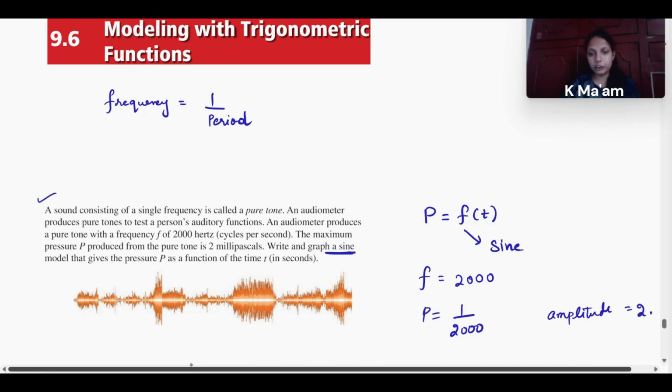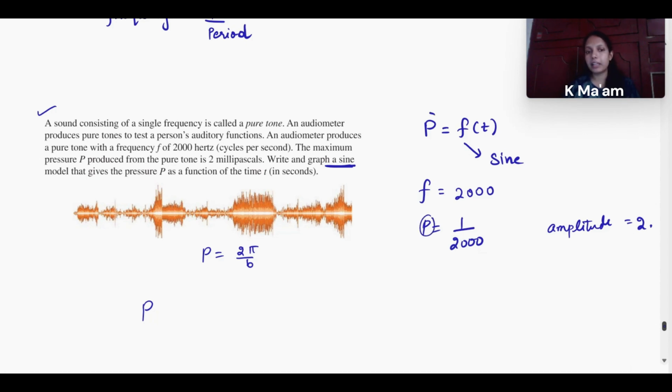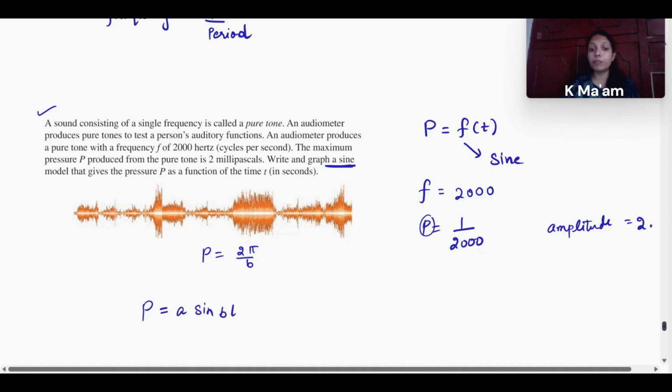What will be the function? If the period is 1 over 2000, and we know that period equals 2 pi over b. I have to find the function P. Don't mix this capital P with the period; that is pressure, and this is the period. So capital P equals amplitude times sine of b t.